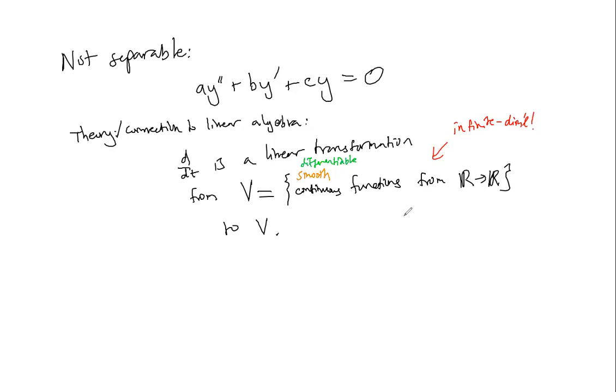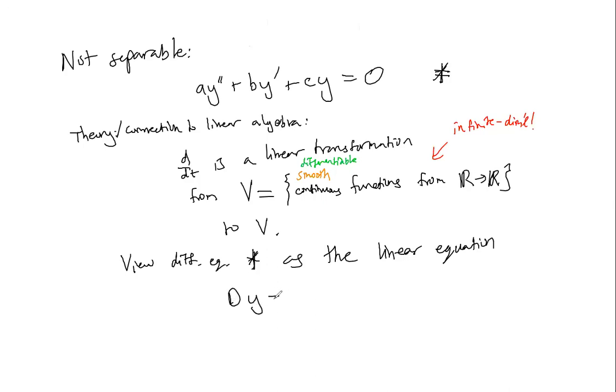But we can still use these properties of linear algebra. So we can view differential equation A, which is called star, as a linear equation Dy equals 0, where D is a linear transformation from V to V defined by a d squared by dt squared plus b d by dt plus c.